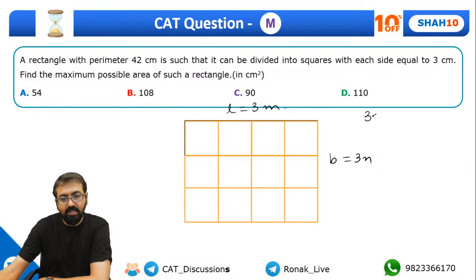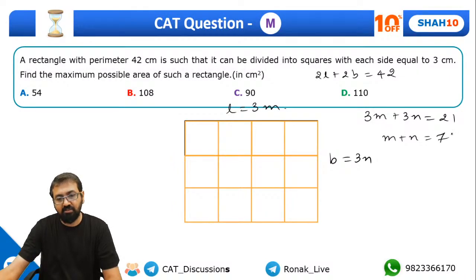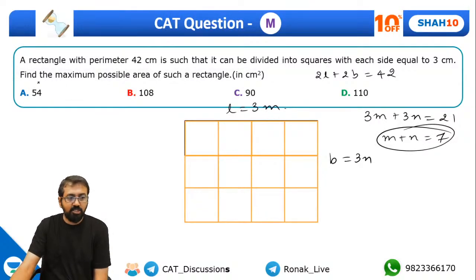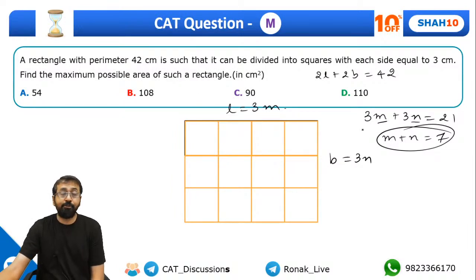So I can say 3m plus 3n is equal to 21, because we know the perimeter, that is 2l plus 2b, is equal to 42. So L plus B will come out to be 21. So I can say m plus n equal to 7. Now what we have been asked: find the maximum possible area of such a rectangle. Achha, m and n have to be integers.